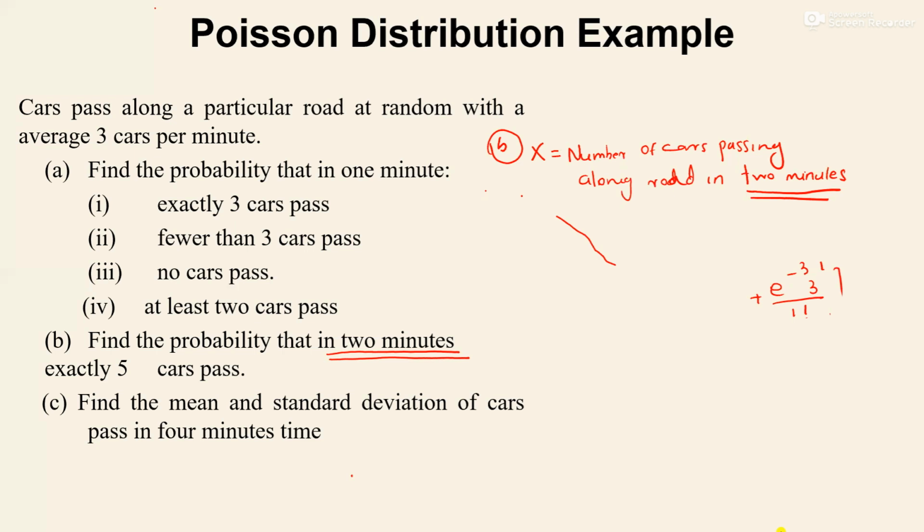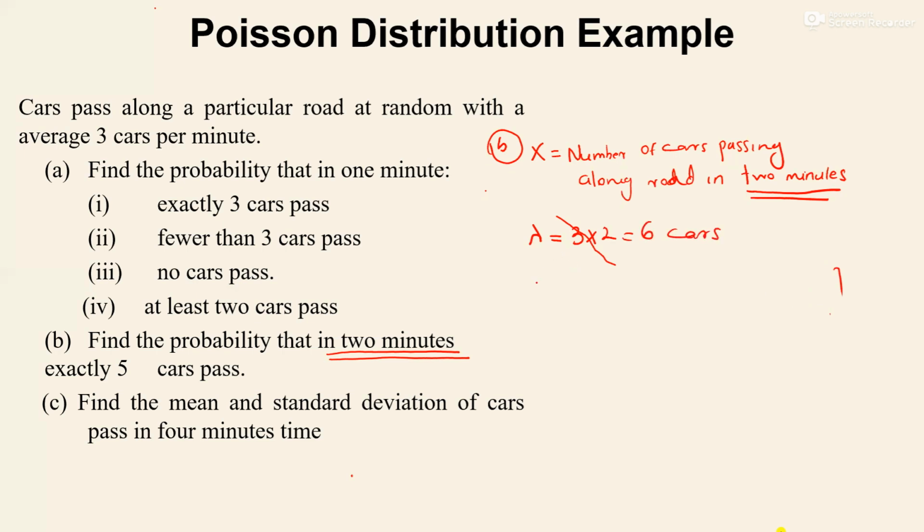Right. Now here, we have to take X as the number of cars passing along the road in 2 minutes, because the probability calculation is in 2 minutes. But lambda is for 1 minute. So in this case, lambda is equal to, for 1 minute 3 cars on average, then 3 into 2 for the 2 minutes, that is 6.